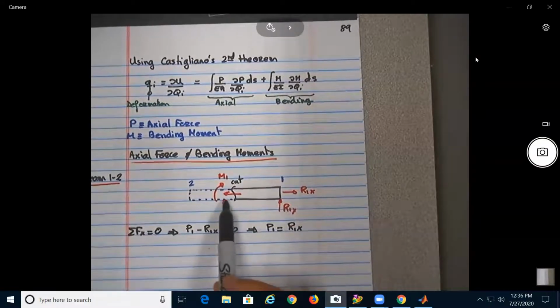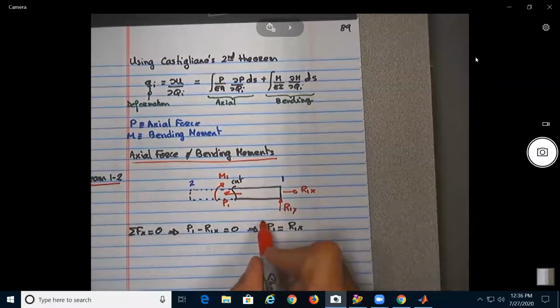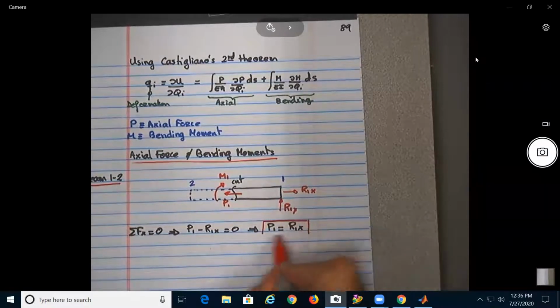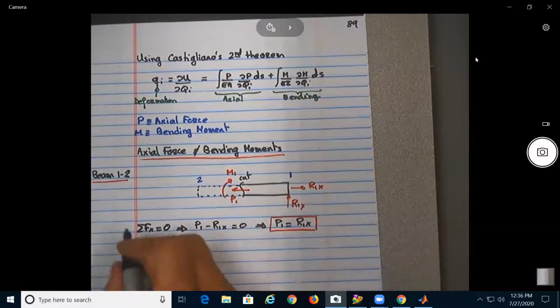The axial force resisted by this one needs to be equal to the reaction in the x direction at point 1. Now next, in order to find the moment M1, what do we need to do? This is statics, 100%.